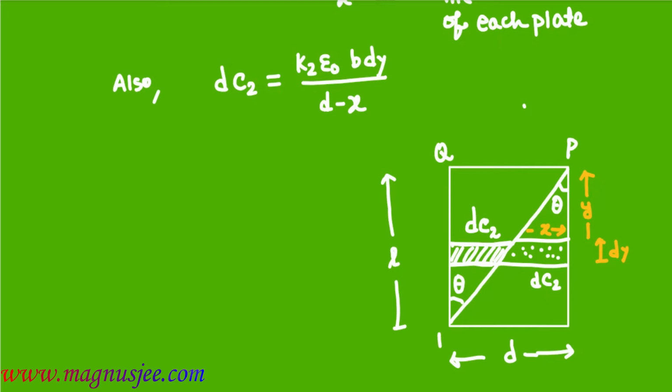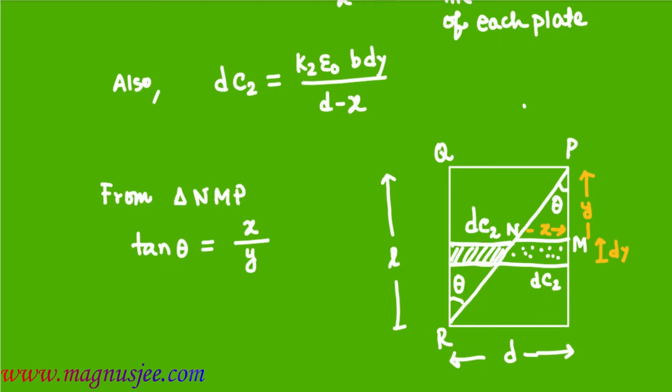We can give the name of the two triangles PQR and PMN. Bigger triangle is PQR and smaller triangle is NMP. From the triangle NMP, tan theta equals x by y, perpendicular by base.